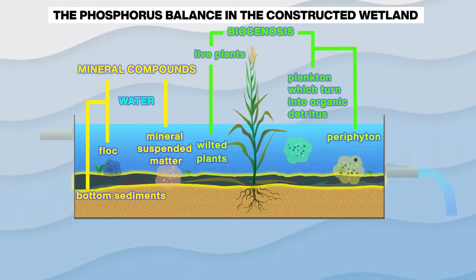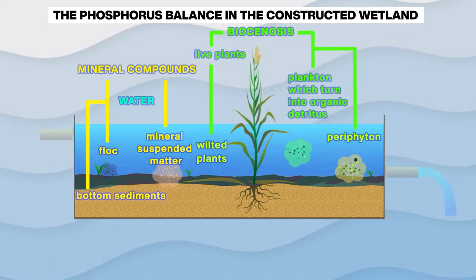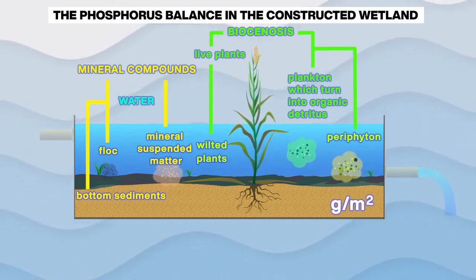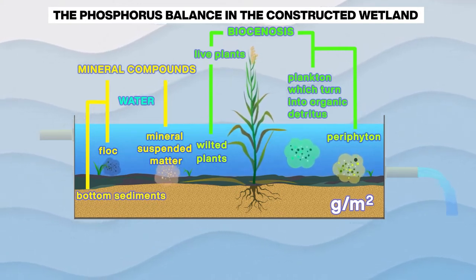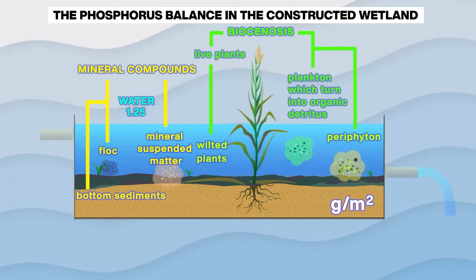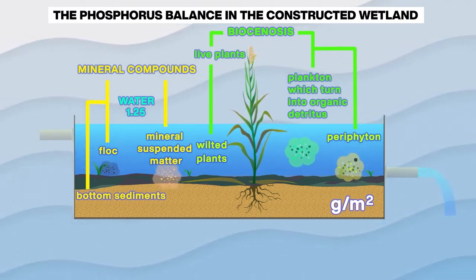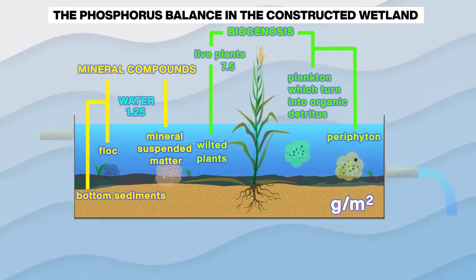Absolutely right. And now, Ms. Doolittle, could you please write down the data for the phosphorus content for each point you have just outlined? In grams per square meter, sir. Exactly. I'll dictate. Phosphorus in water, 1.25 grams per square meter. Living plants, above ground mass and roots, 7.5 grams per square meter.